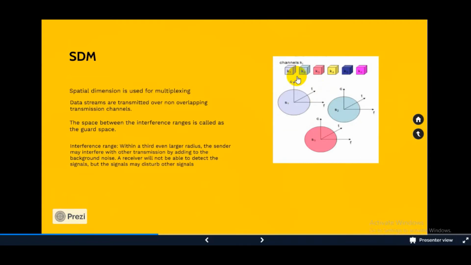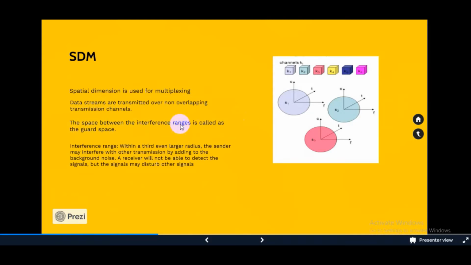In short, I can even say that SDM, space division multiplexing, cannot stand on its own. You need some other multiplexing techniques combined with SDM. Data streams are transmitted over non-overlapping transmission channels.